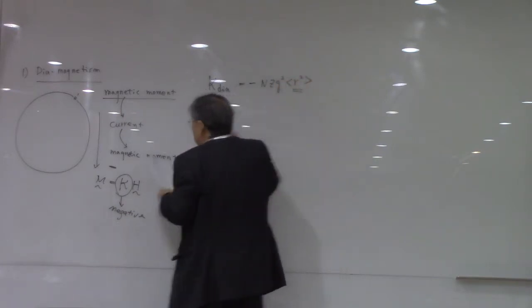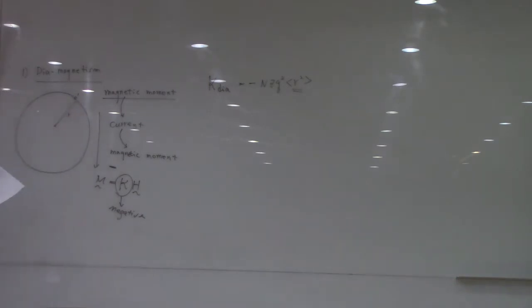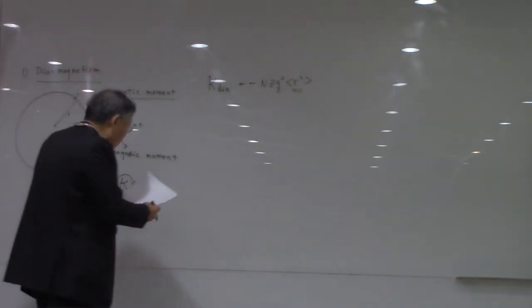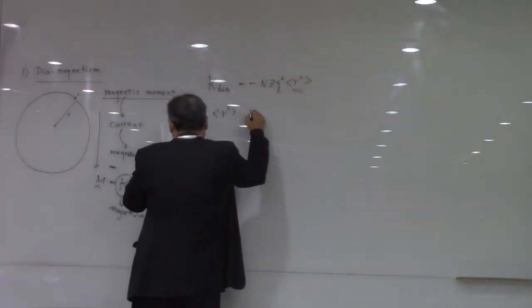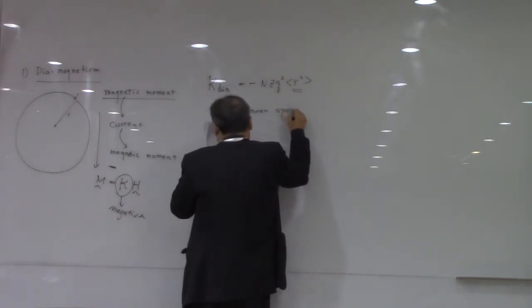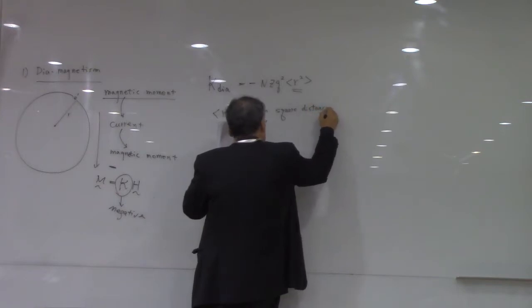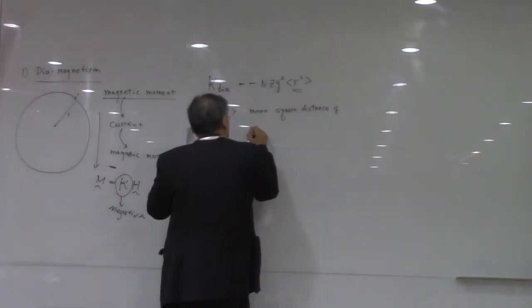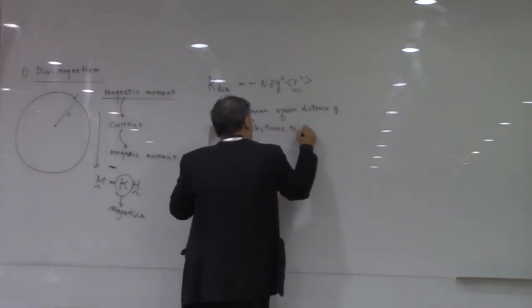This R is the radius of the orbiting electrons. So this R square is the mean square distance of electrons to nucleus.